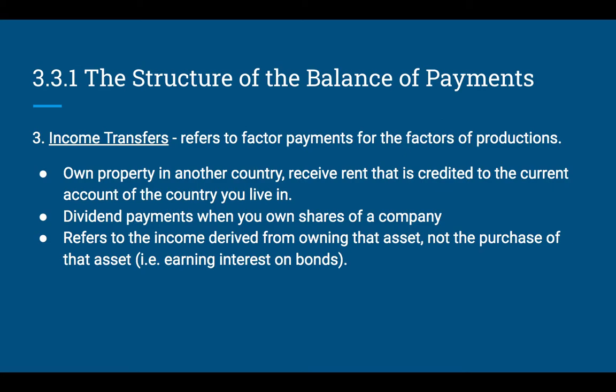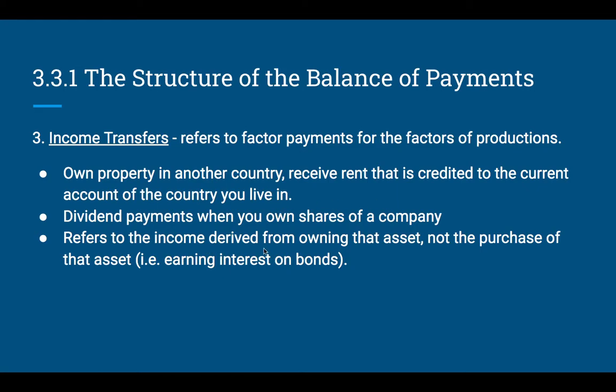The third part of the current account is income transfer. This refers to factor payments for the factors of production. If you own property in another country, you receive rent that is credited to the current account of the country you live in. Dividend payments when you own shares of a company.